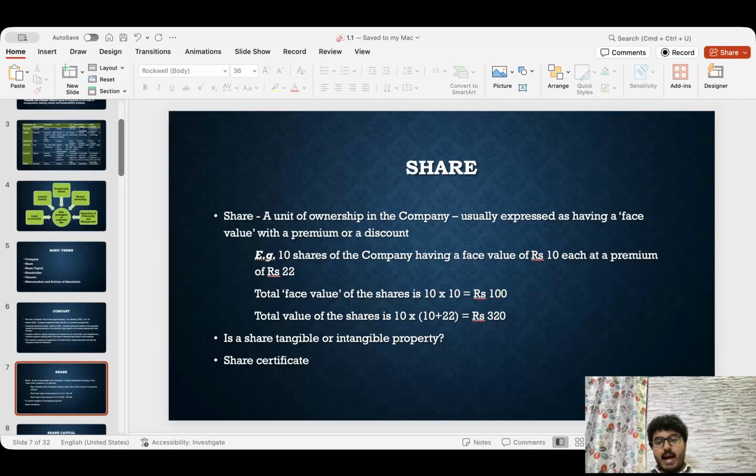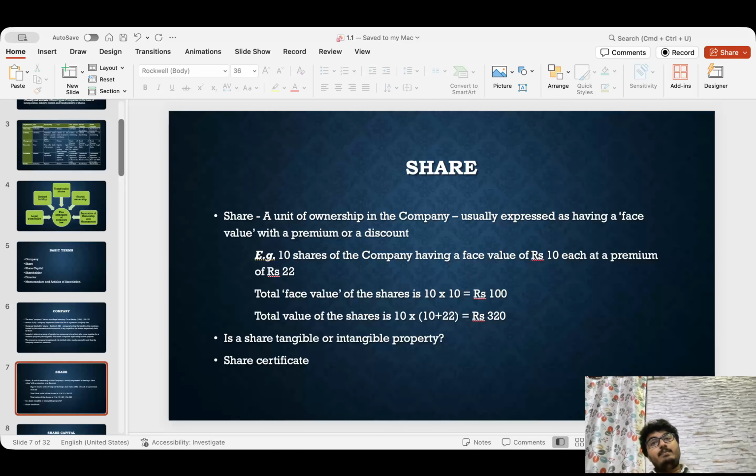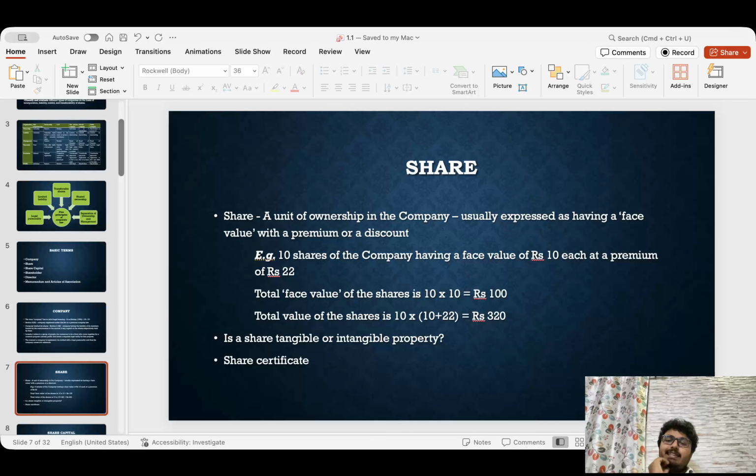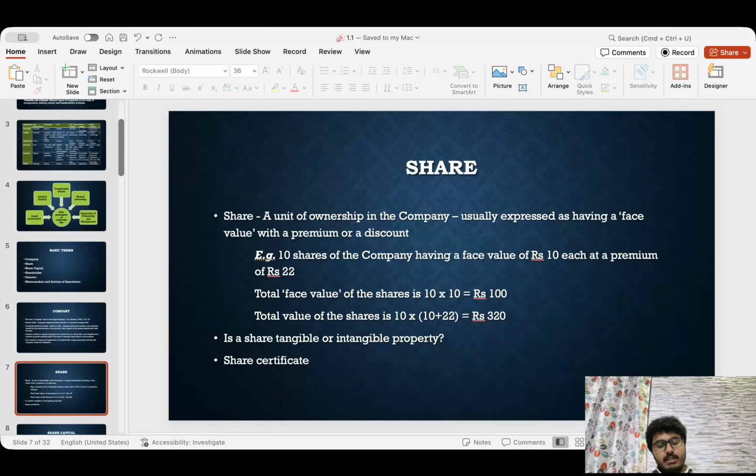For example, if a company issues 10 shares having a face value of rupees 10 each at a premium of rupees 22, the total face value of the shares is 10 into 10, that is rupees 100, but the value of each share is 10 plus 22, that comes to 32. So the company collects 32 rupees for each share, and for 10 shares, 320 rupees.